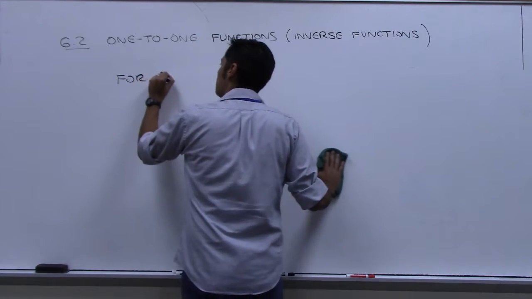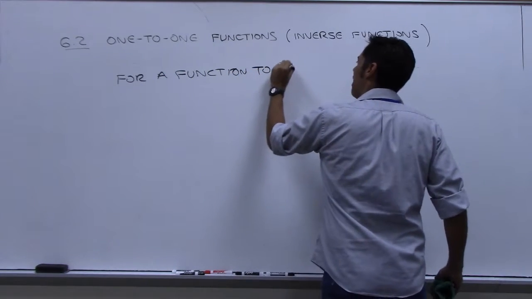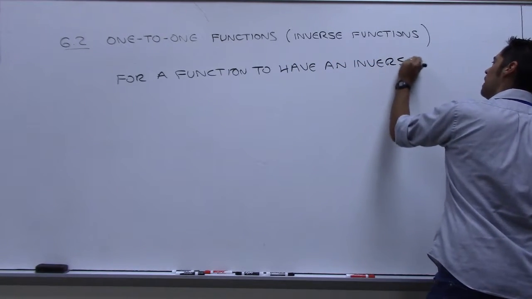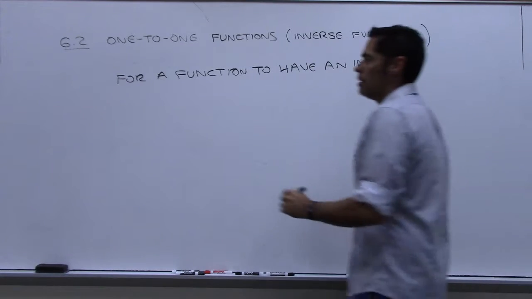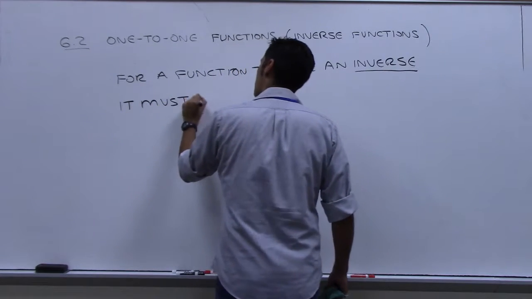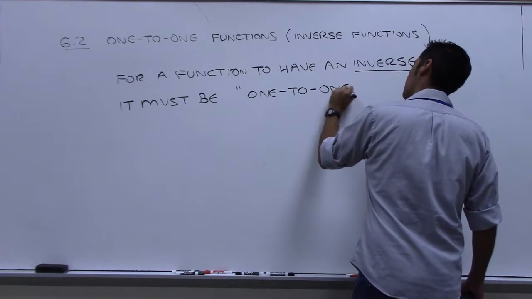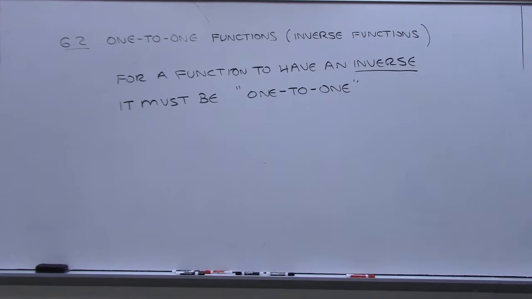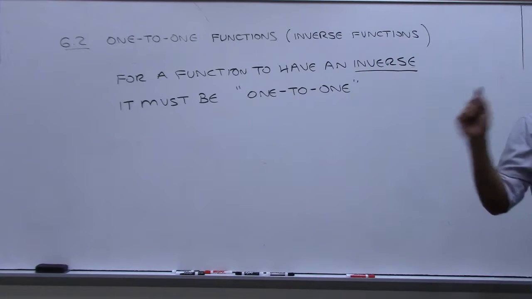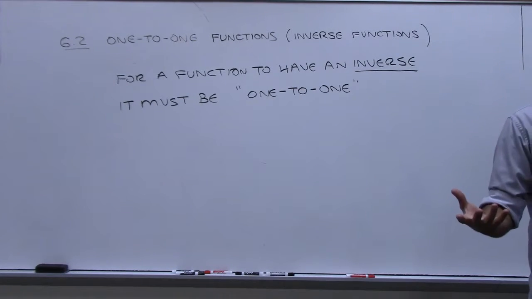Okay. Now, for a function to have an inverse, and we're going to get into talking about what an inverse means, it must be what we call, quote, one-to-one. So what one-to-one means is not only for every single input do you have a single output, but each output is unique.